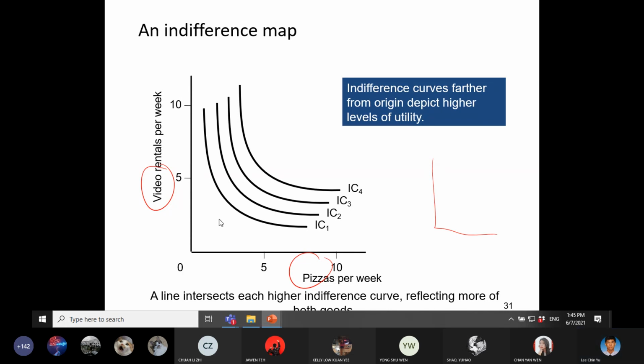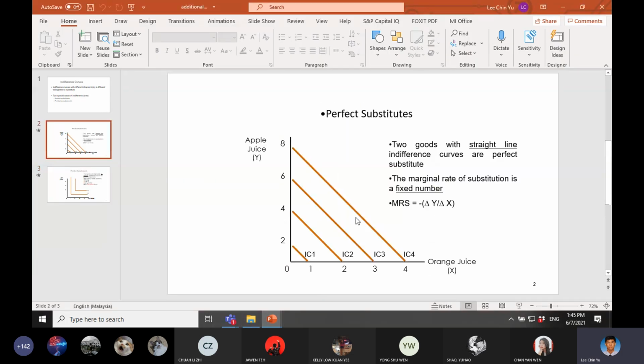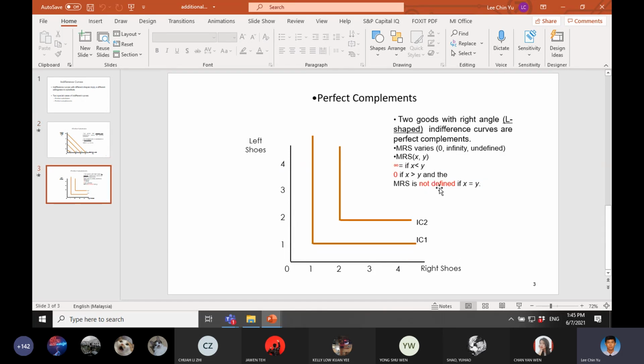Unless we have special cases such as perfect substitutes and perfect complements. Still downward sloping, just that the MRS needs to be considered. If you have perfect substitutes, it means your MRS must be a fixed number. But if you have perfect complements, it means you must consume in a fixed proportion, so you cannot find your MRS. For example, if you want to make a cake, you must have fixed ingredients.